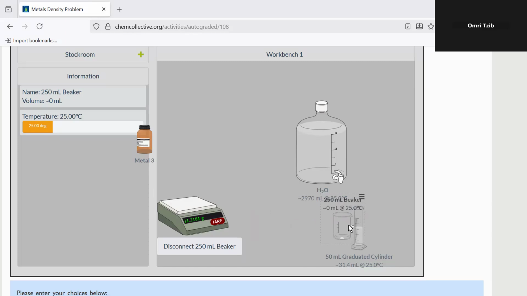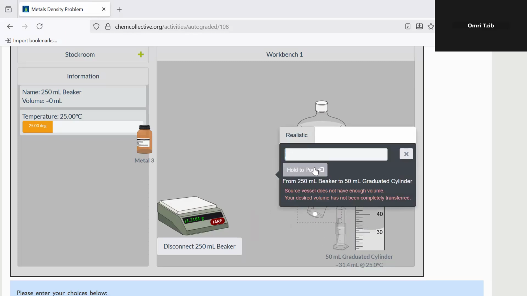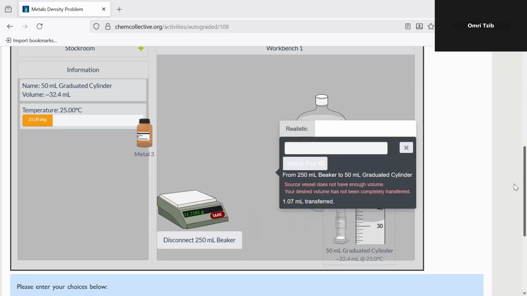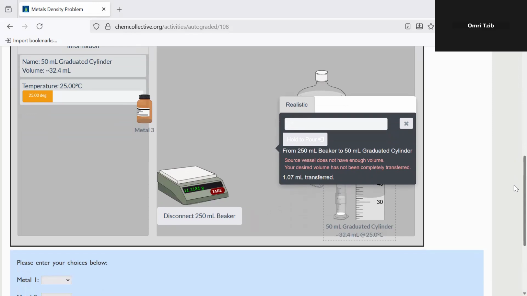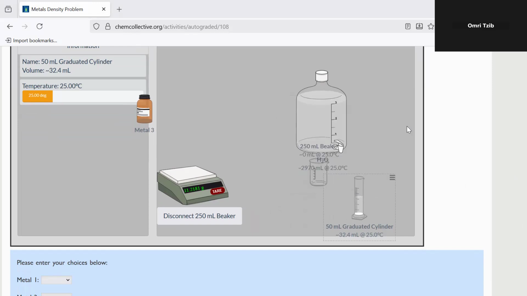So now we pour our mass and we record. We are given that the total was 32.4 milliliters. So now we solve for our density.